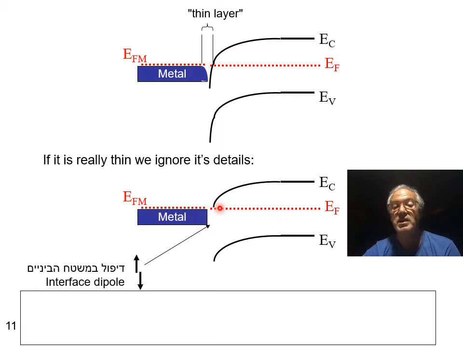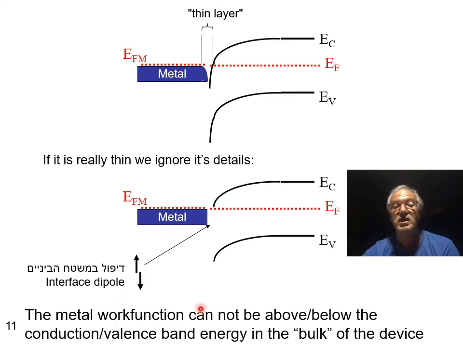And basically this dipole, or these charges, they pin the contact at the conduction band. So really the contacts effectively cannot be outside the bands. And we'll talk further down the course, they usually are even pinned lower than that, even if there are no special defects at the contact itself.